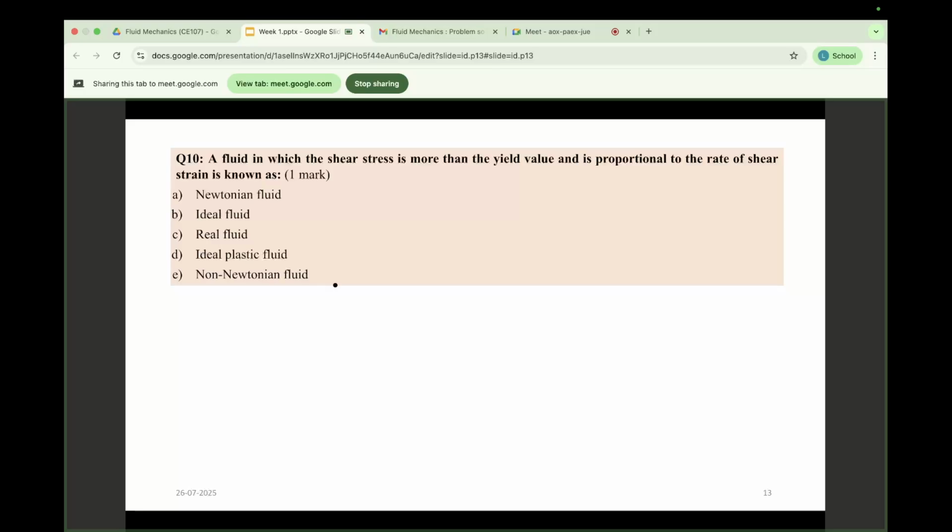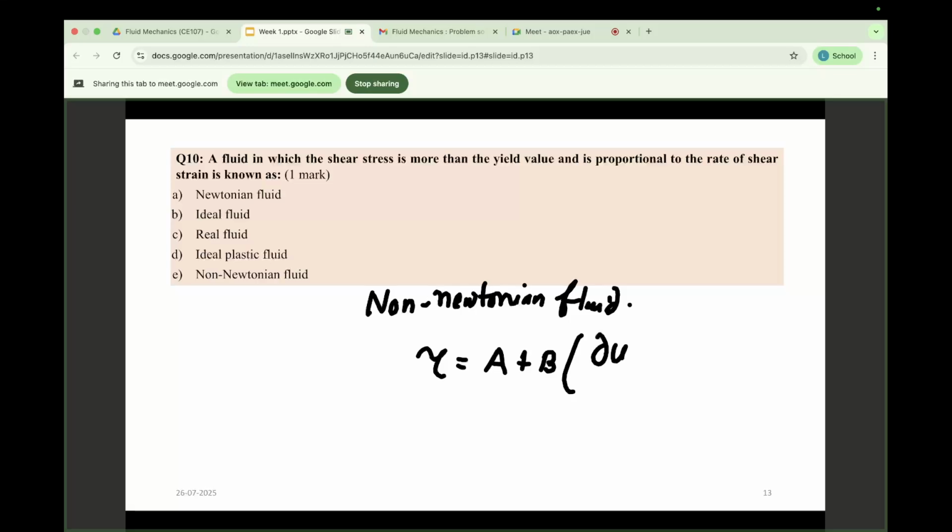Yes. So now it's the concept for this non-Newtonian fluid. Basically for shear stress, we have the formula A plus B. You have also studied the formula tau equal to mu into dou u by dou y.